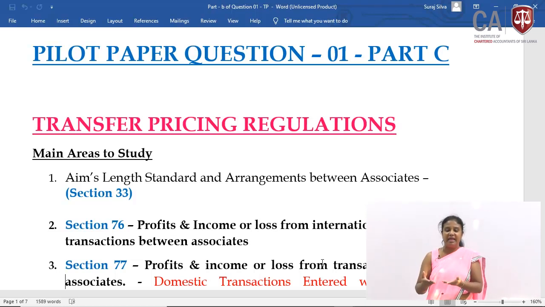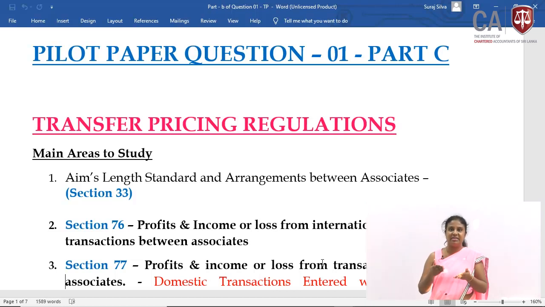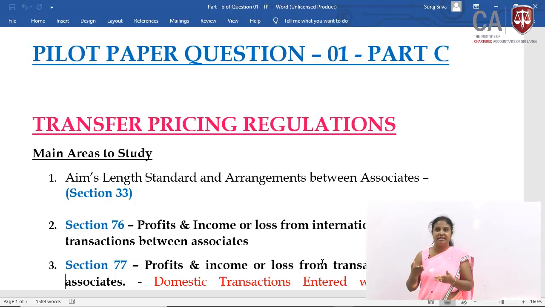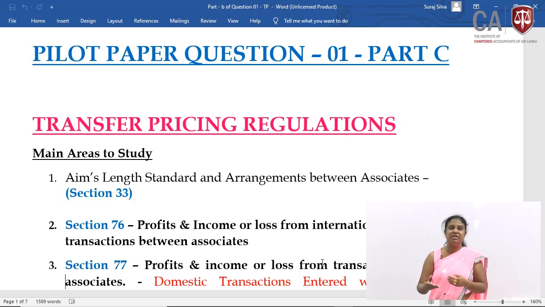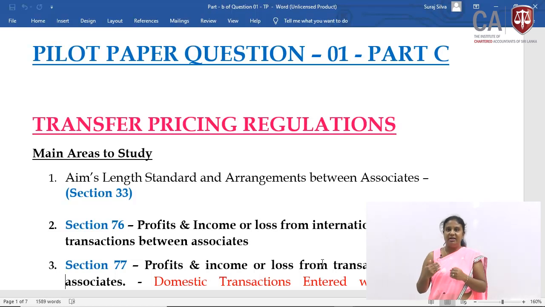You are going to fail if you don't know about sections 76, 77 and the related provisions, like the definition of person and the definition of arm's length pricing. In addition to that, I have added section 33, which is arm's length standards and arrangements between associated undertakings.